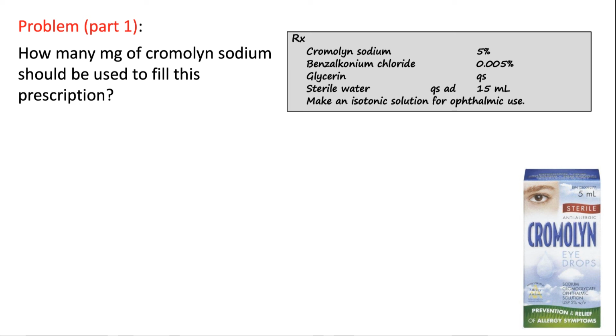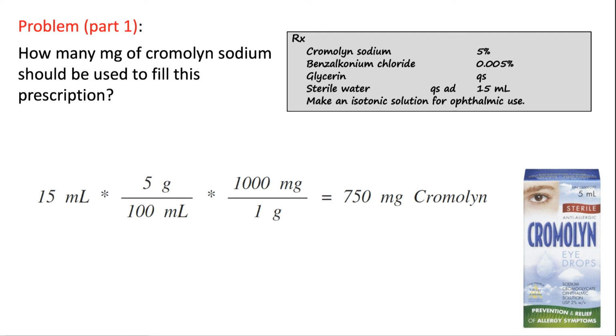All right. So, first step, it says, how many milligrams of cromolyn sodium should be used to fill this prescription? So it's kind of a concentration question. Well, let's start with the volume we want to prepare, which is 15 milliliters. And we'll multiply that by the fact that it calls for a 5% concentration. Since that's weight per volume, that means grams per milliliter.